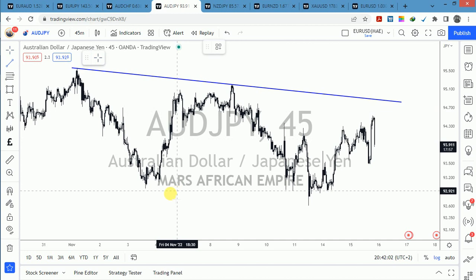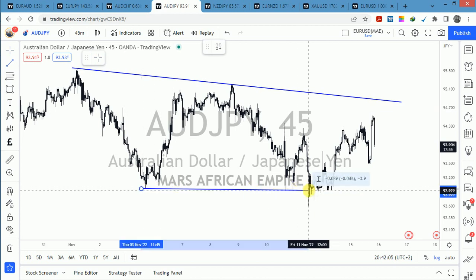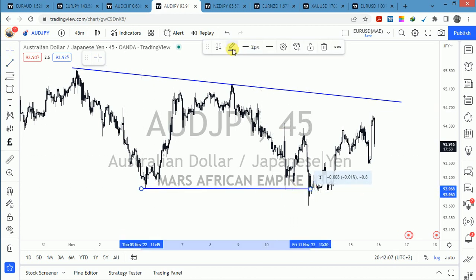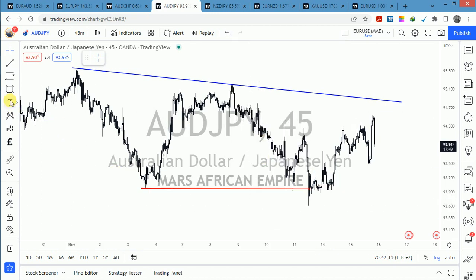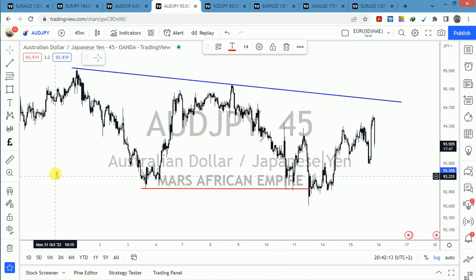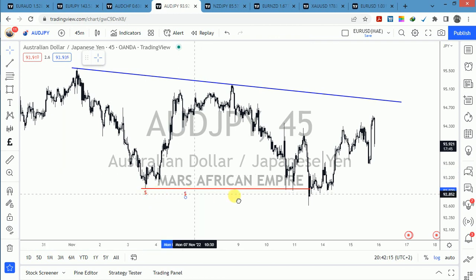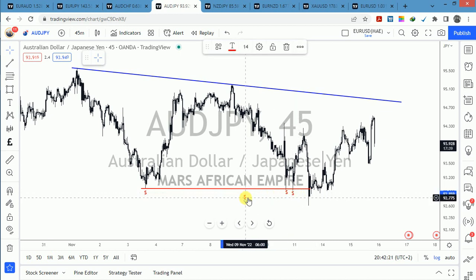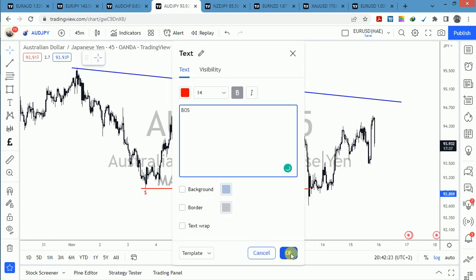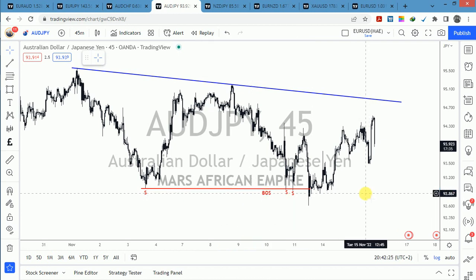Okay, so what I can see here is that we have a breakout structure. But before I do that, let me identify the supports that we have. We have supports here, and then we have a breakout structure here.